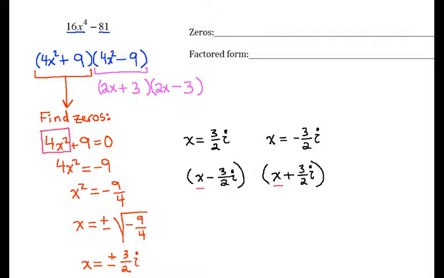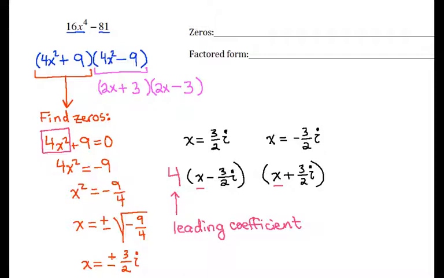So what I have to do to compensate for that is tack the leading coefficient onto the front of it. Note that I didn't take the leading coefficient of the whole polynomial, which would have been 16. I only took the leading coefficient of the part of it that I factored by this particular method.